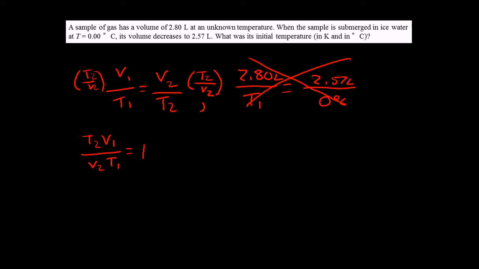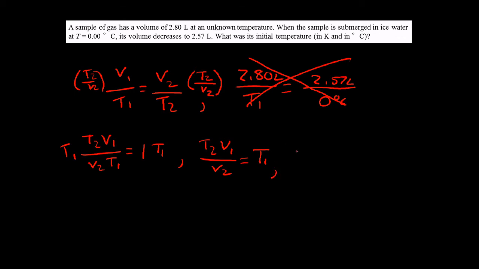But I don't want T1 by itself down over here. I want it over here by itself. And so I'm going to go ahead and multiply both sides by T1. And so that will give me T2 times V1 over V2 is equal to T1, which is what I'm looking for.